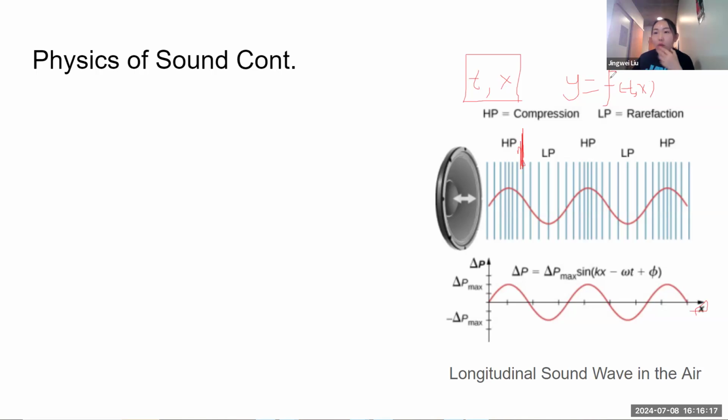And why do we need to use differential equations? Because we want to describe the changes, right? Like how this particle is moving from time t to time t plus delta t. In this very small interval of time, what's the change of the particle?